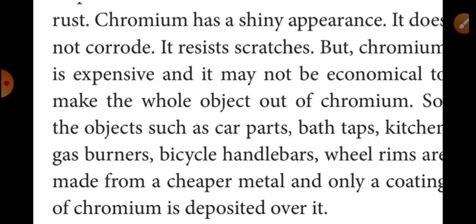So objects such as car parts, bath taps, kitchen gas furnaces, bicycle handlebars, and wheel rims are made from cheaper metals, and only a coating of chromium is deposited over it.